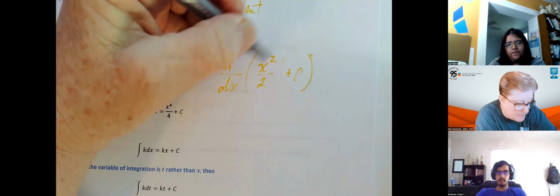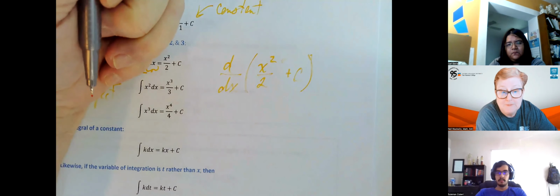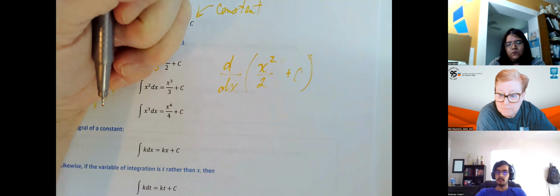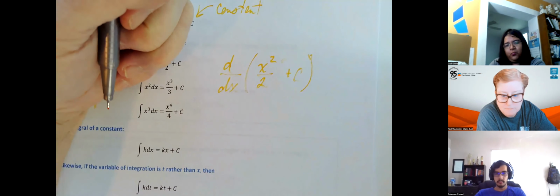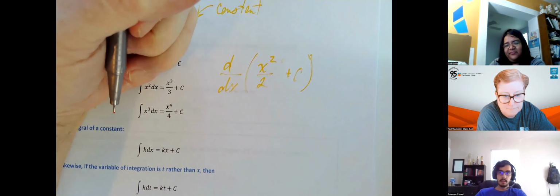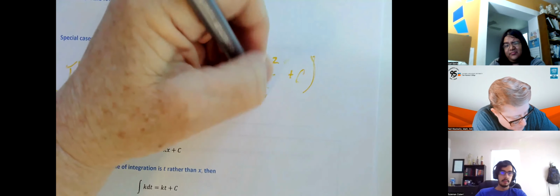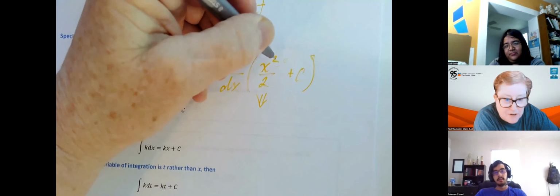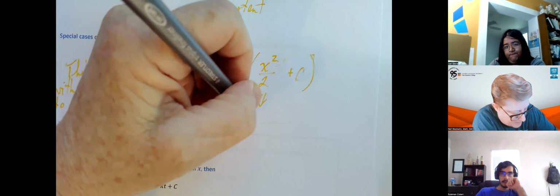Well, what is the derivative of x squared over 2? x. Yeah, because we're going to take this exponent of 2, bring it out front, and we have the x.